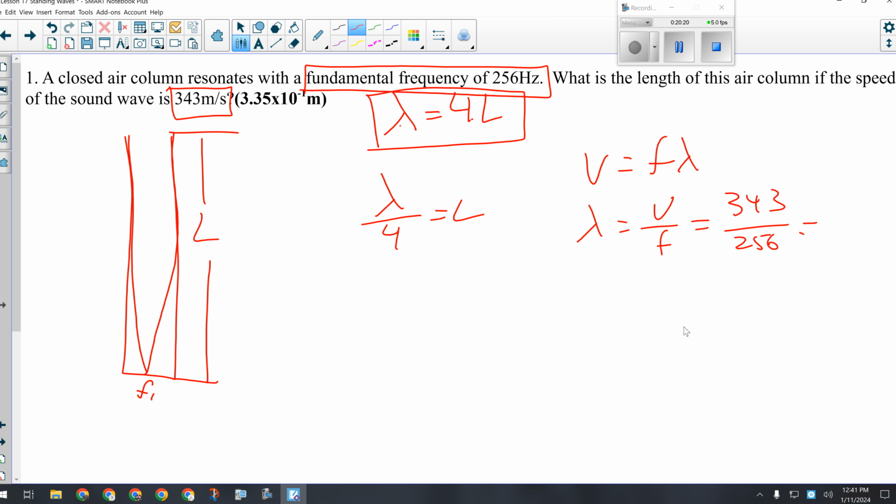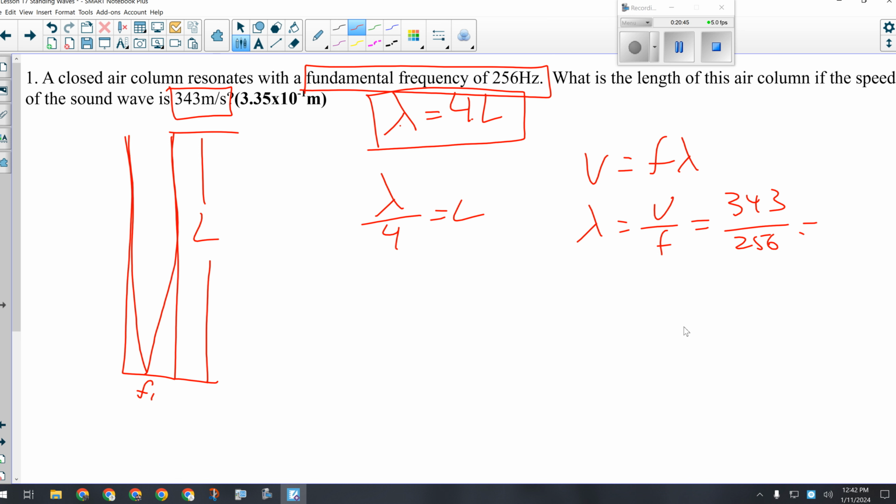Remember how yesterday we said each frequency is a multiple of the first? So the 256, that's f1. What's the next frequency I would hear? 768. Because the next frequency I hear is f3.